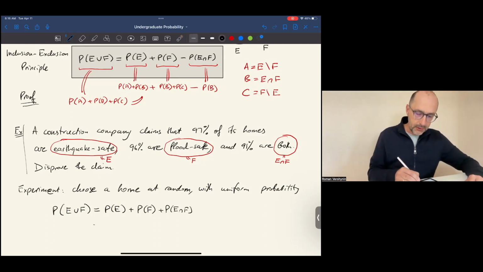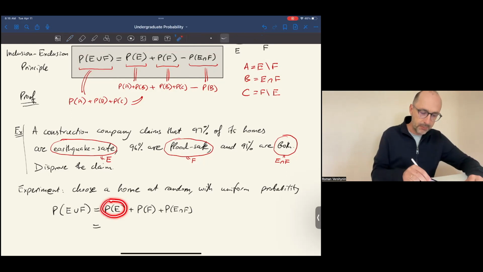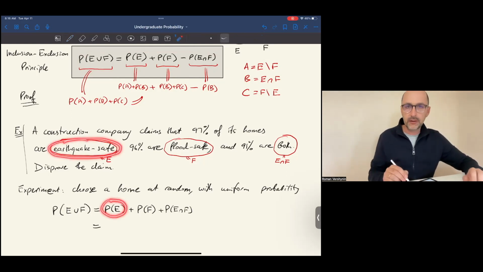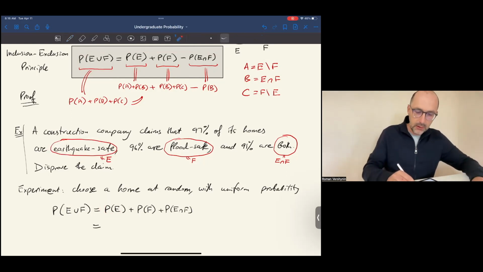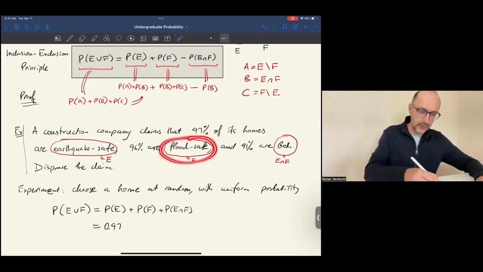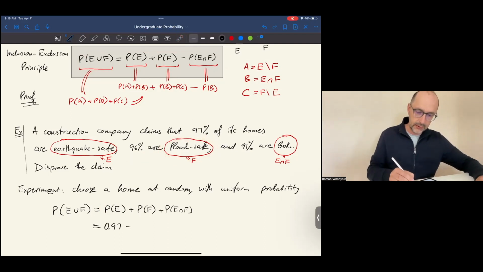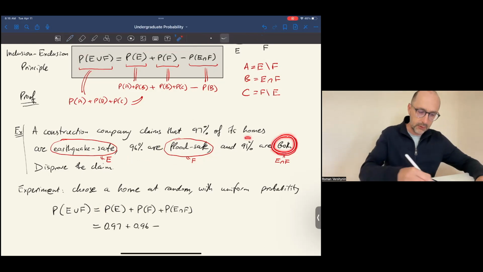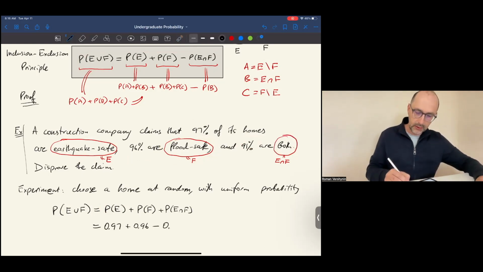The probability of E, the probability of choosing an earthquake-safe home at random, is 0.97, because 97% of the homes are that. The probability of F, flood safe, is 96%, so 0.96. And the probability of both is 91%, minus 0.91.